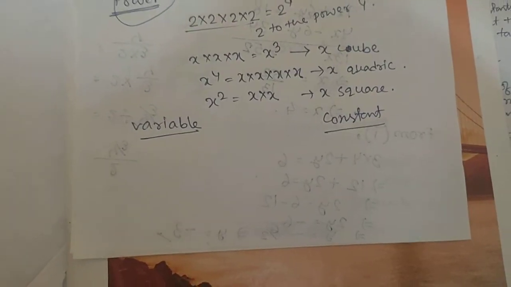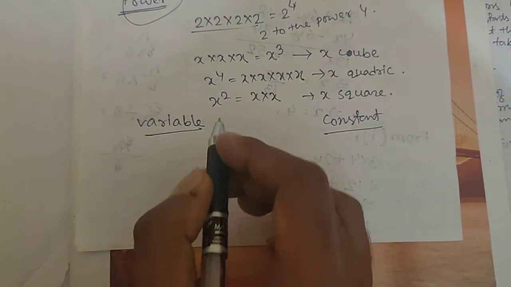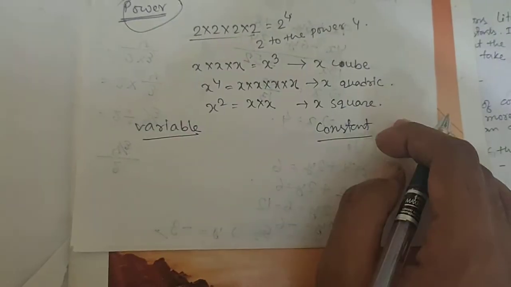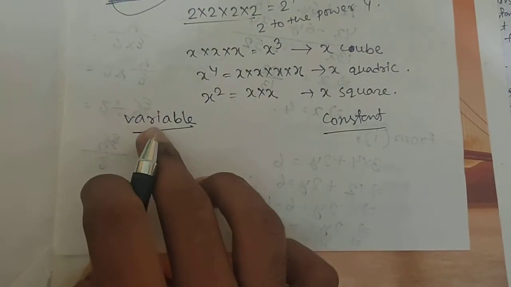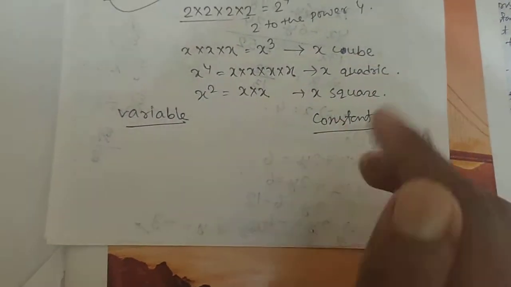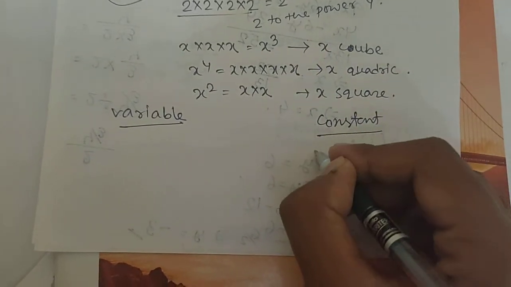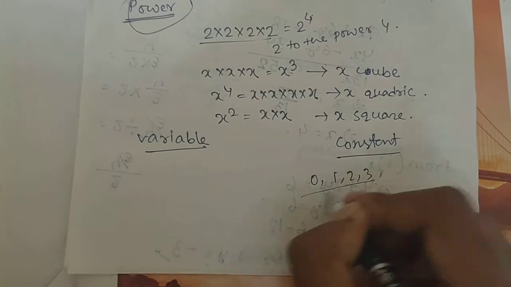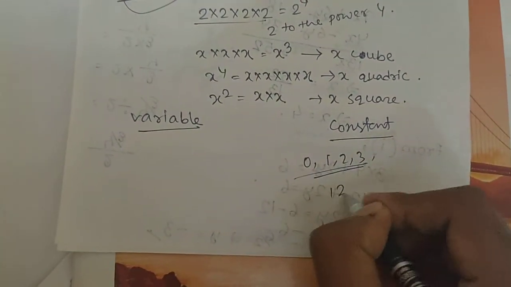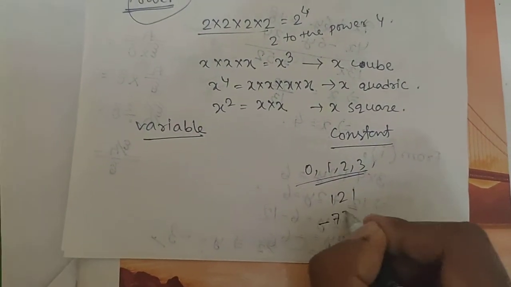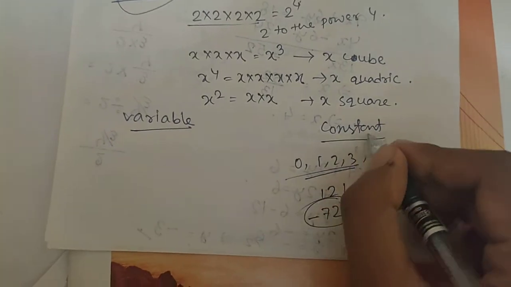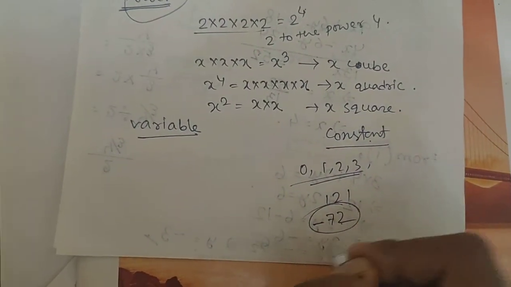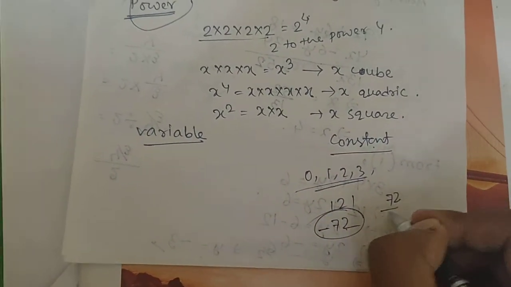Now listen, algebraic symbol can be represented in two forms: variable and constant. Constant means the numerical values, that means 1, 2, 3, 0, minus 72. These are numerical values. These are called constant. These are fixed. 72 means only 72.